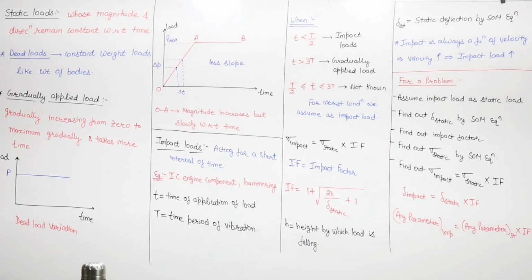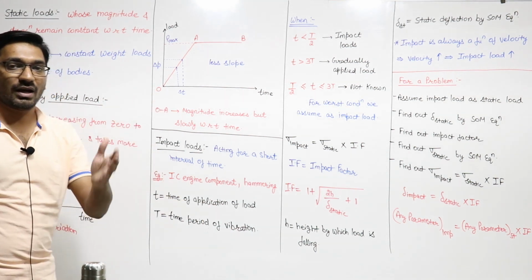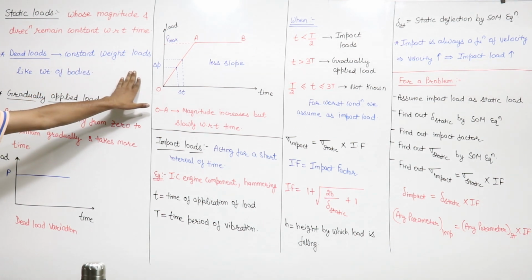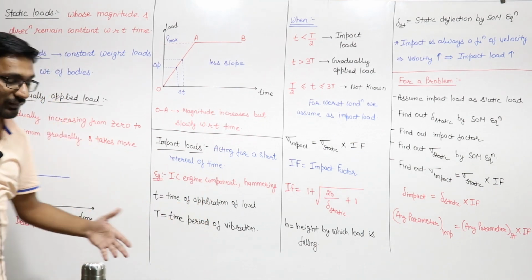So static loads are of two types. We already see that. One is dead load and another one is gradually applied load. Dead loads are those constant weight loads which are applied on a body or on any beam or any structure, right?